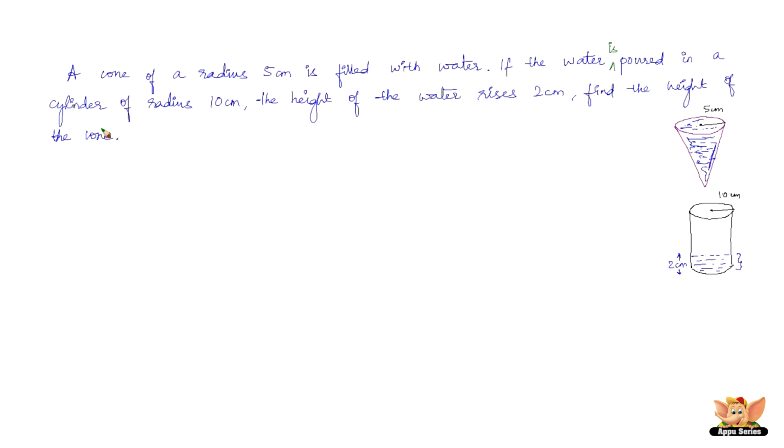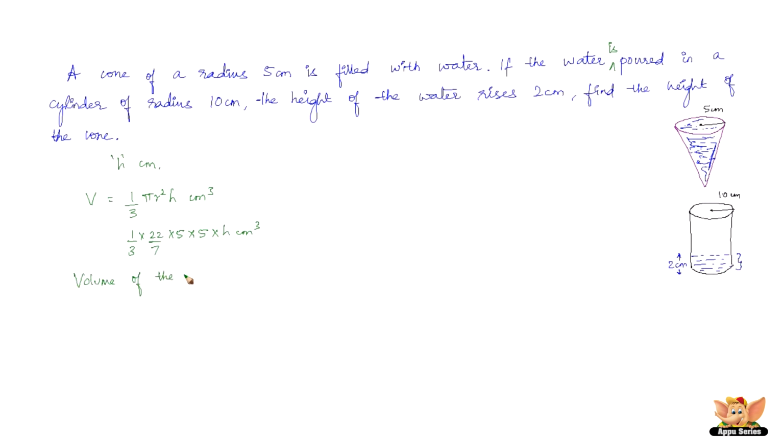First of all, let the height that we have to find be h centimeters. And the volume of the cone is given by 1 by 3 pi r square h centimeter cube. So we have 1 by 3 into 22 by 7. The radius is given as 5. So it is 5 square, 5 into 5 into h centimeter cube. Now, the volume of this cone is equal to the volume of this water.